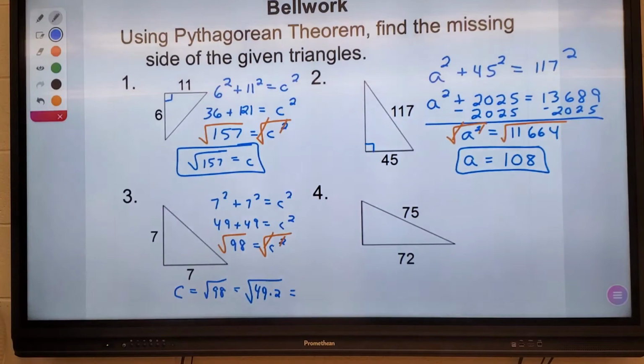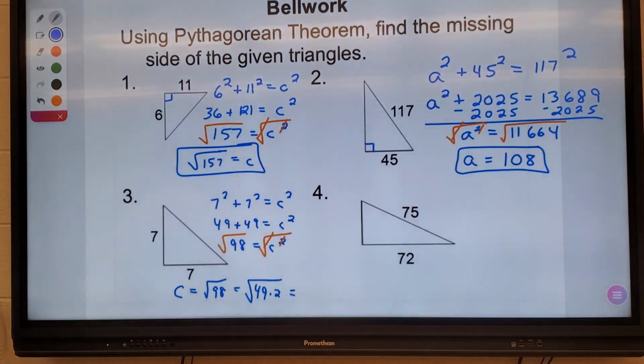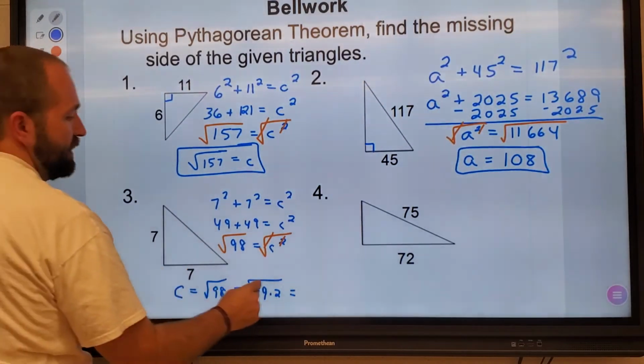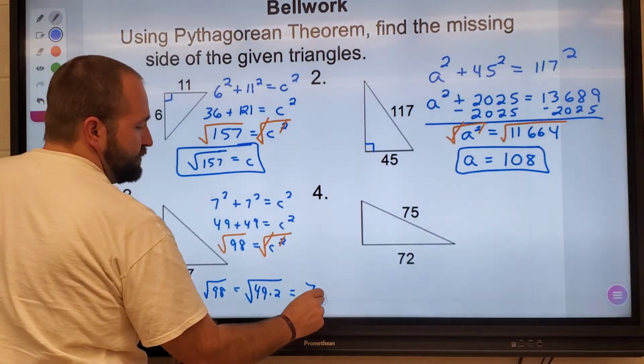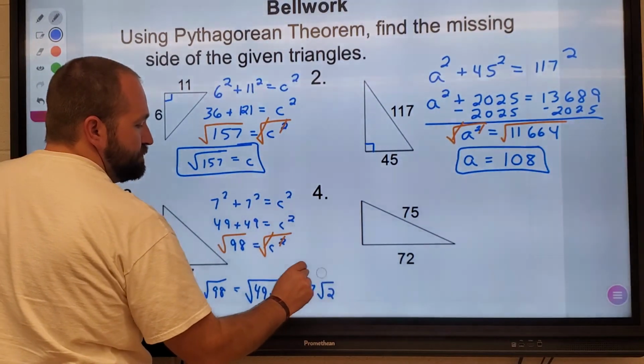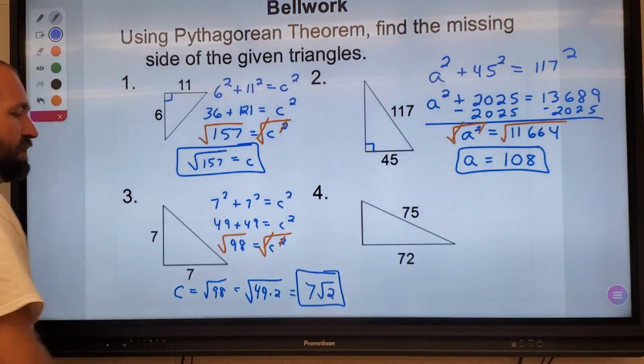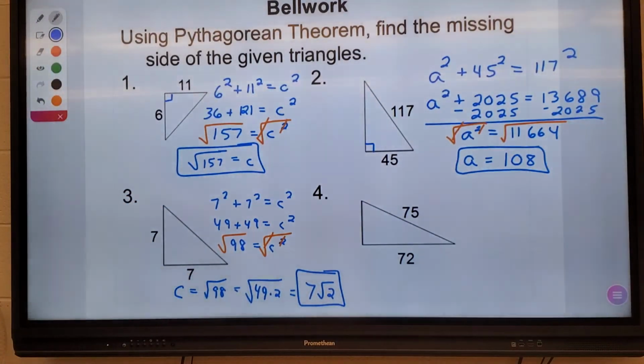And then the square root property allows me to say the square root of 49 times the square root of 2, which then the square root of 49 is 7, and then the square root of 2 just stays the same. So my answer for C here is 7 square root of 2.